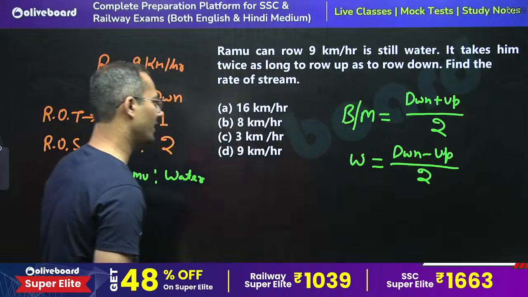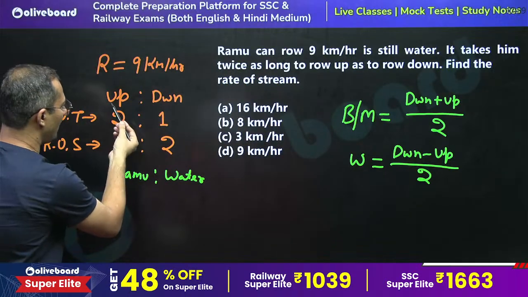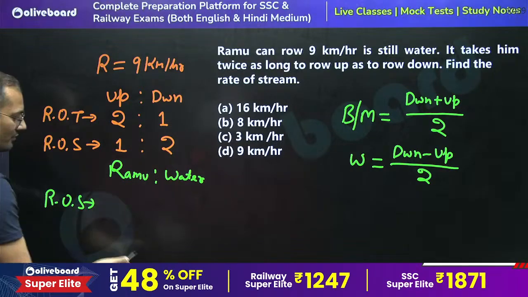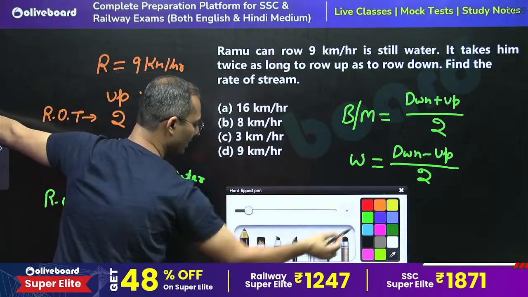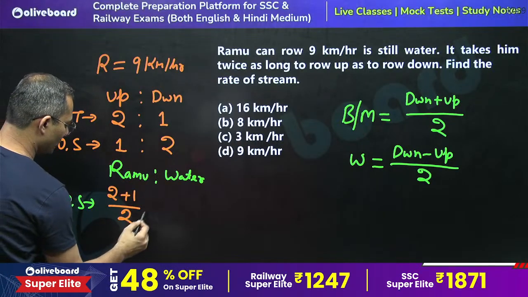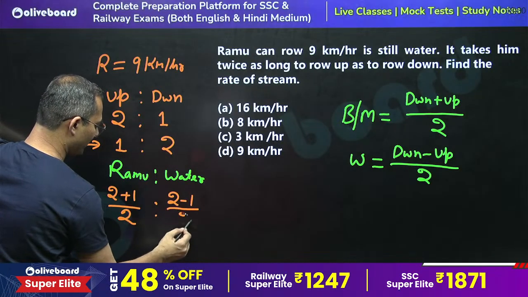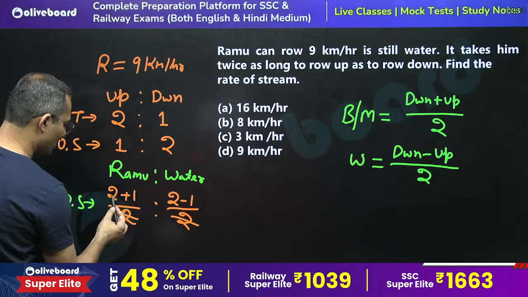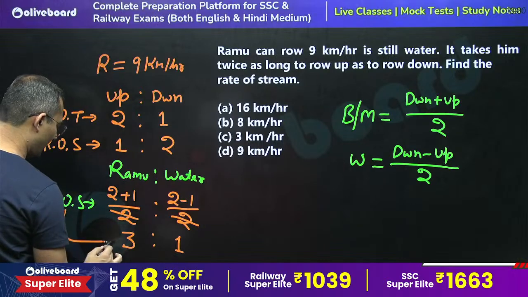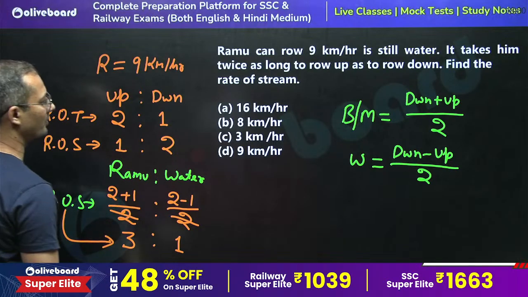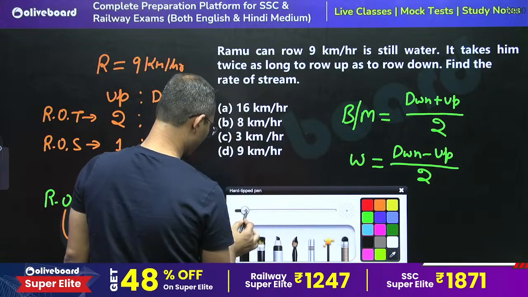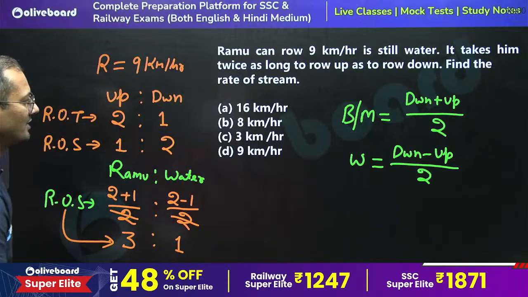So we can say (2 plus 1) divided by 2 is to (2 minus 1) divided by 2. The 2 cancels. So 2 plus 1 is 3, and 2 minus 1 is 1. So the ratio of speed is going to be 3 is to 1. Now find the rate of stream.